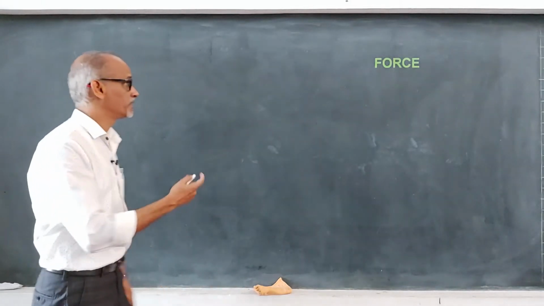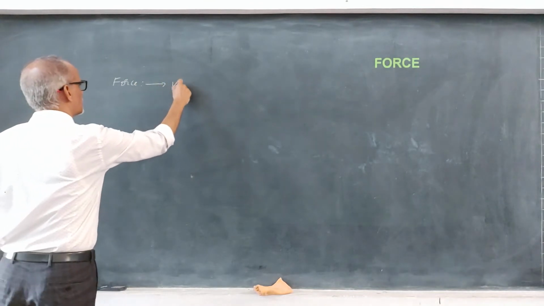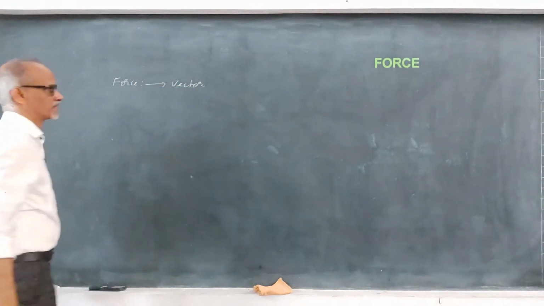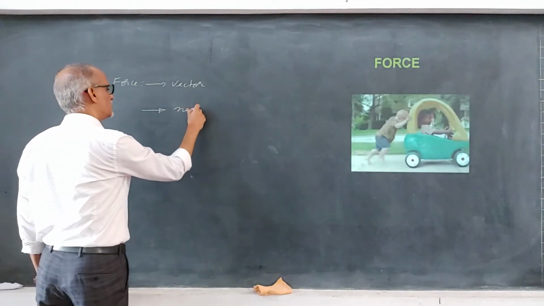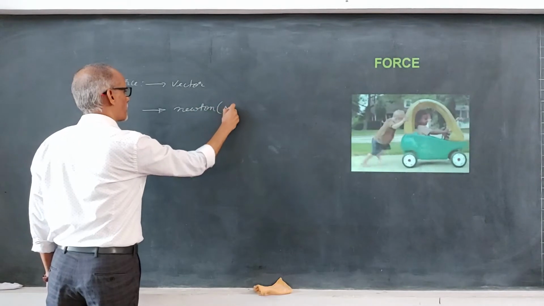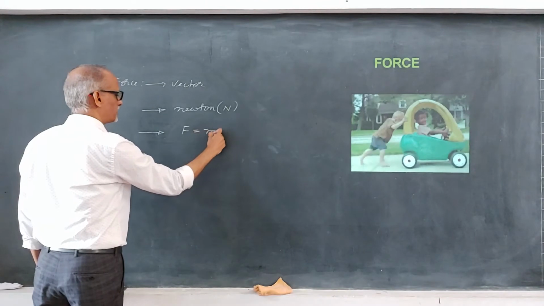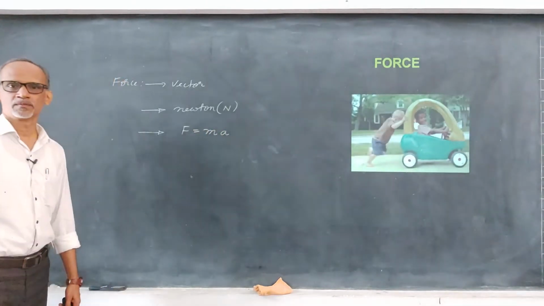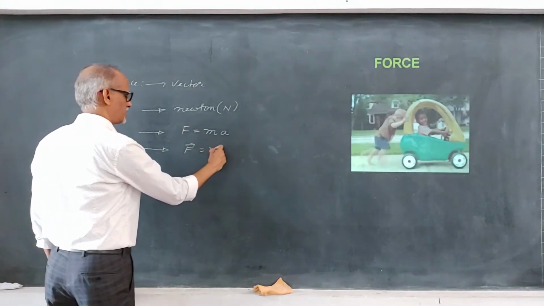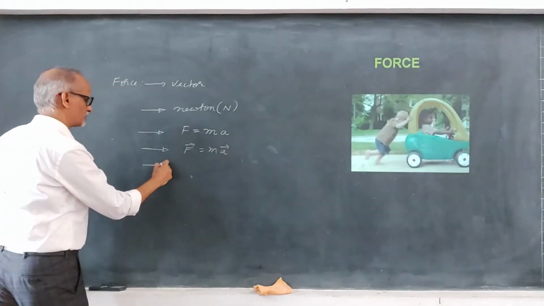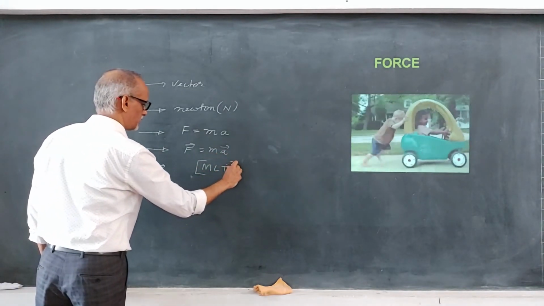Force is a vector quantity, and its SI unit is the Newton. The equation for it is F equals m times a, mass into acceleration. In vector form we write vector F equals m times vector a, and the dimensional formula is mass into acceleration, M L T^-2.